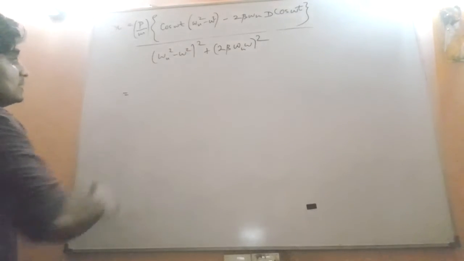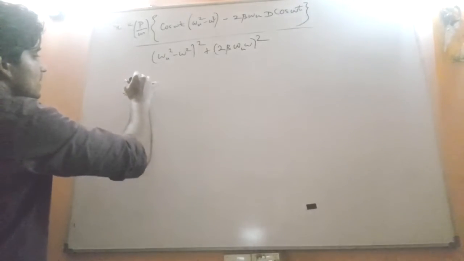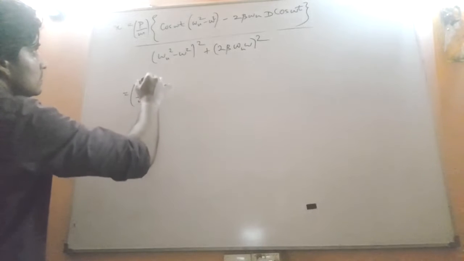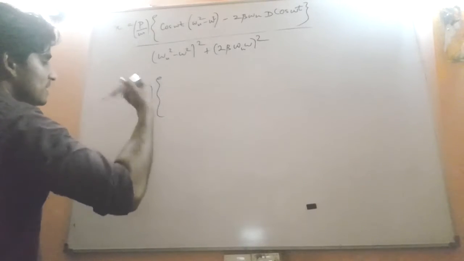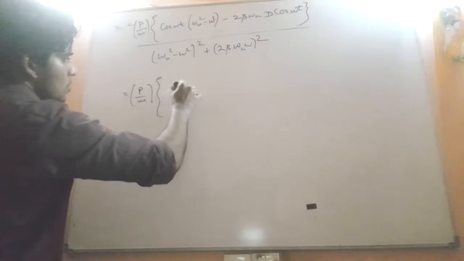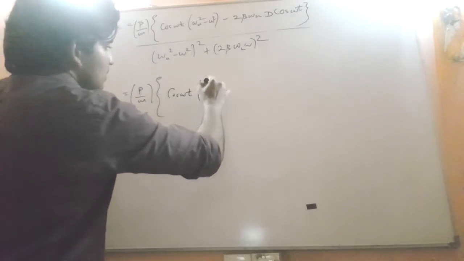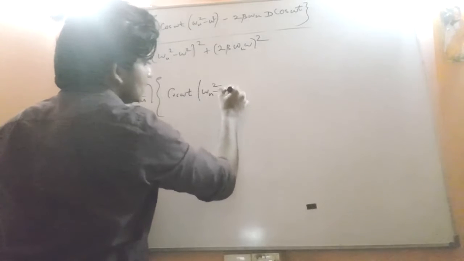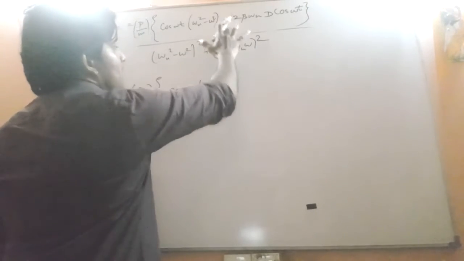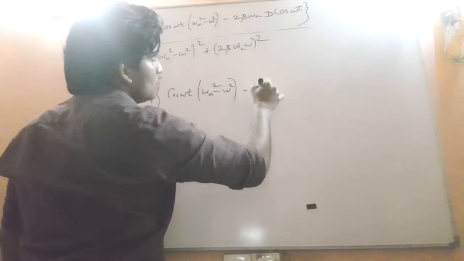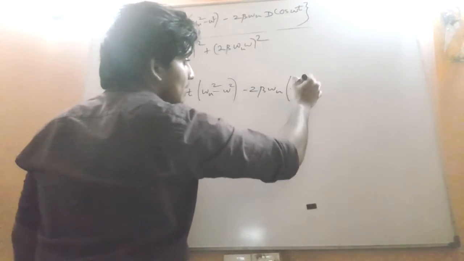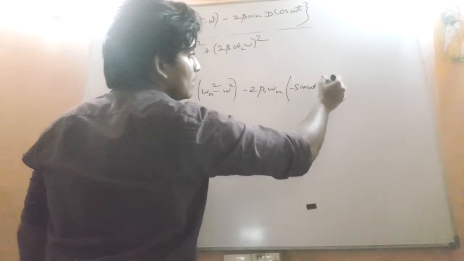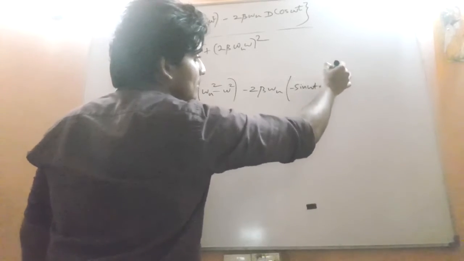So let's write the next step from that. P divided by m. Here there is no sort of simplification. You can write as it is, cos omega t times omega n squared minus omega squared minus 2 beta omega n. D of cos omega t will be minus sin omega t times omega, right?